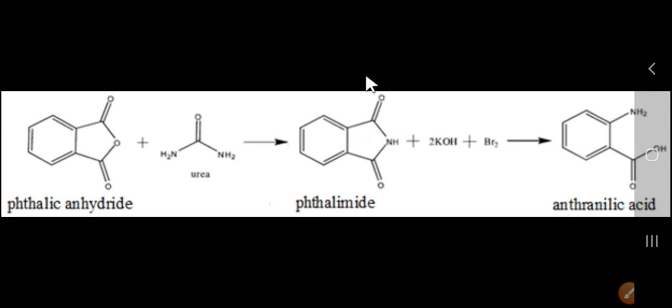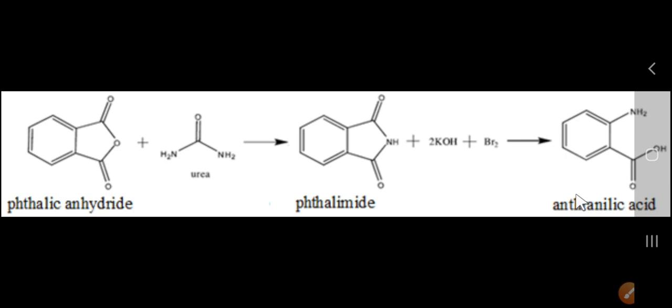So this amide bond is converted to amine bond, and then this lower part is in the form of acid. So COOH and NH2. So ortho-aminobenzoic acid is nothing but anthranilic acid. As it is acid, we will get it in the workup.